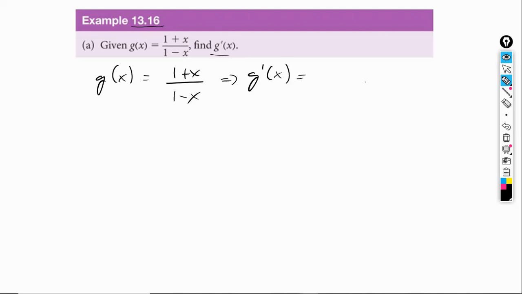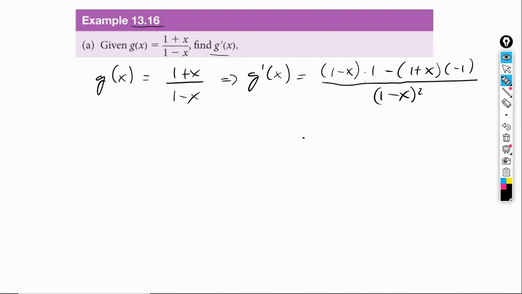So this would be 1 minus x times 1 minus 1 plus x times negative 1, and all of this over 1 minus x squared.